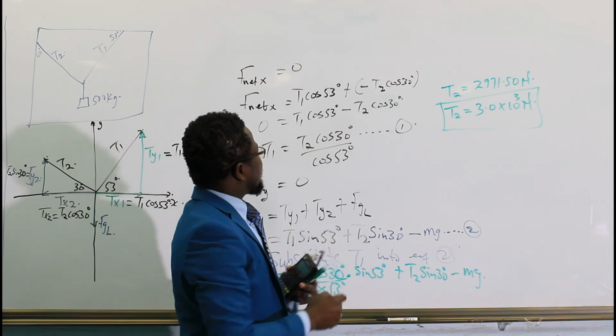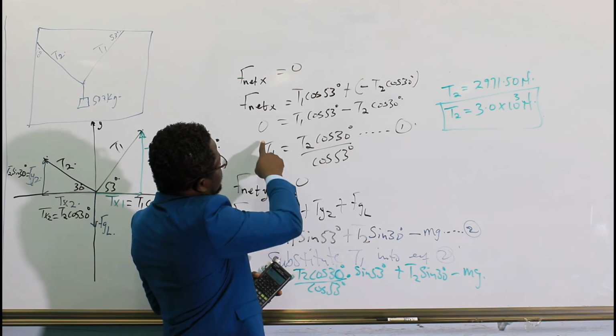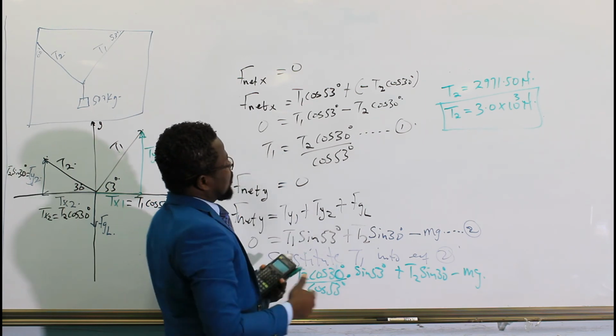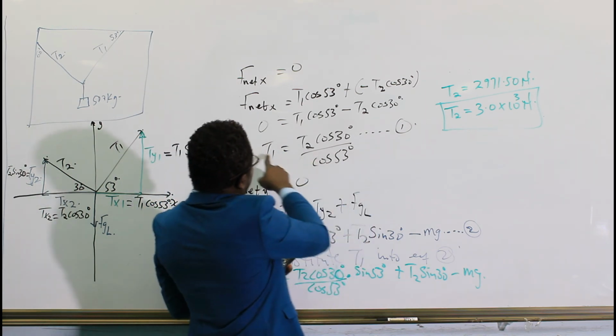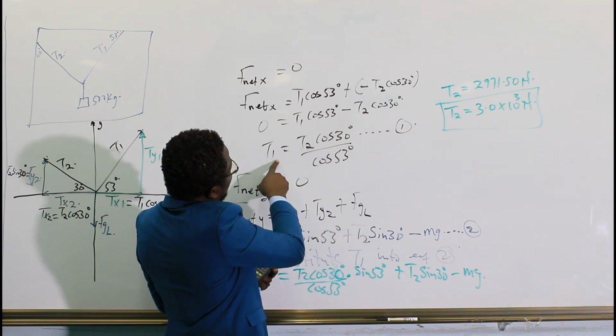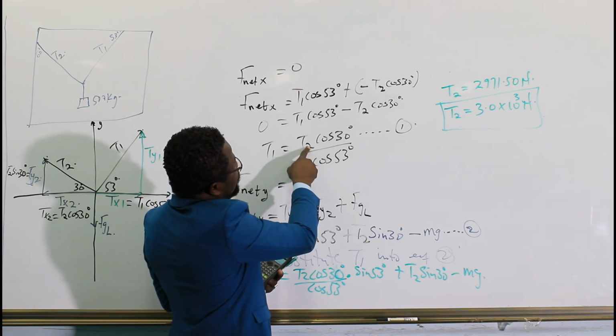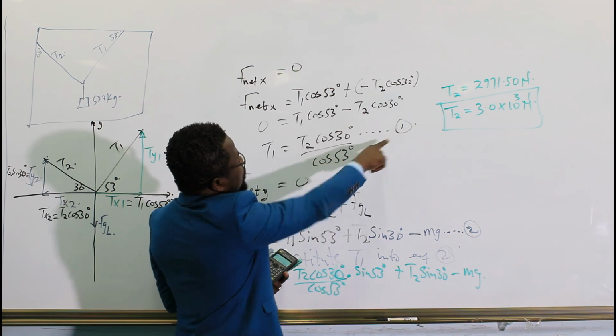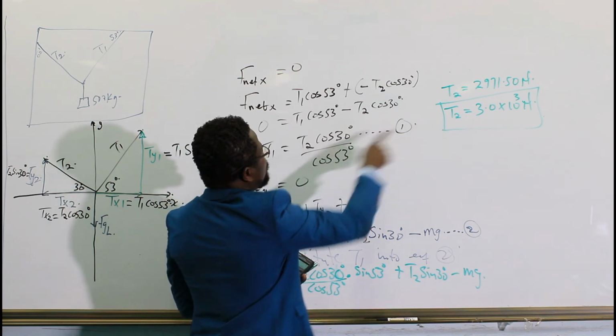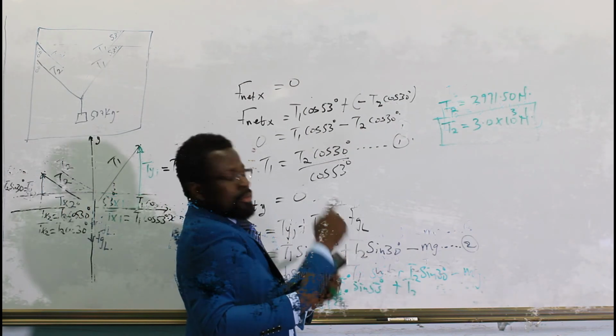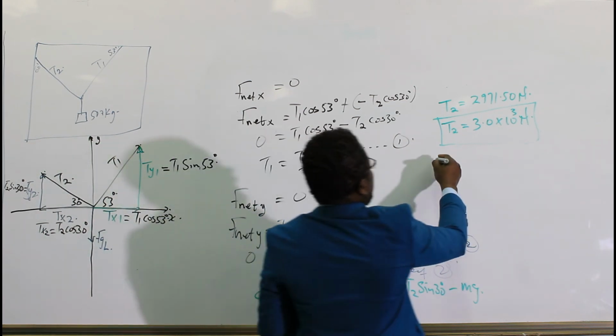Now we need to find the tension in cable 1. We have seen that T1 is expressed in terms of T2. So we can come to equation 1 and substitute T2 into it.